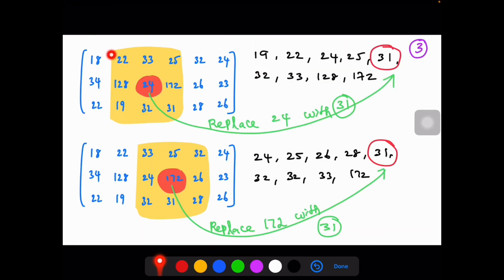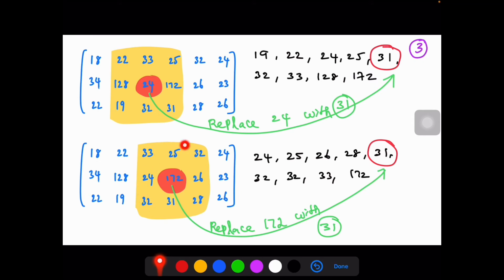Move this mask to the next set of pixel values, again covering a 3x3 mask. Again arrange in ascending order and find the middle value, which is going to be 31. So replace this 24 with 31. Next, slide the mask again to the right, so that 33 25 32 this particular part of the 3x3 image is selected.